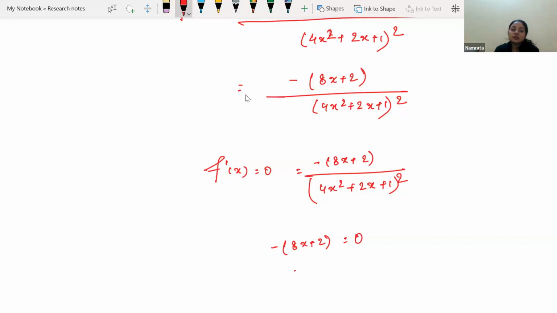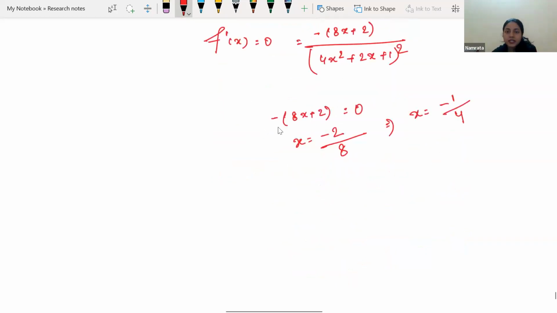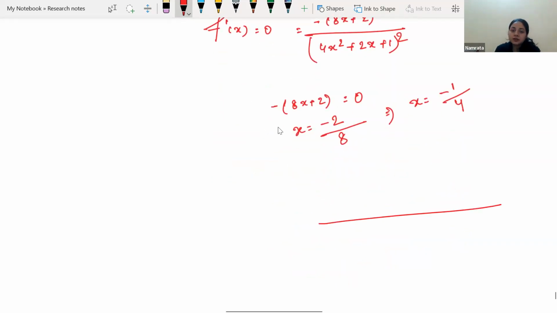This will give x equals minus 2 over 8, that means x equals minus 1 by 4. Is it clear so far? Yes, ma'am.